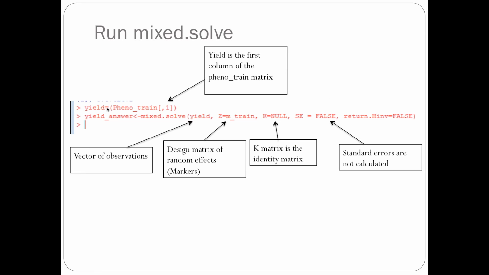And then I set Z equal to the marker matrix. And K is equal to the identity matrix. So K equals null. And then I have the standard errors and the return hide as false.